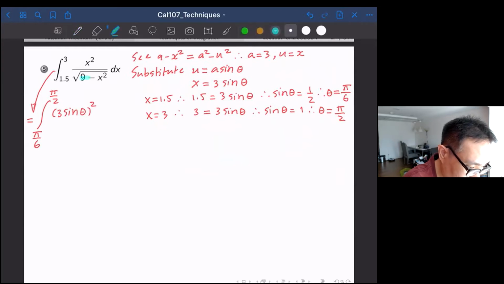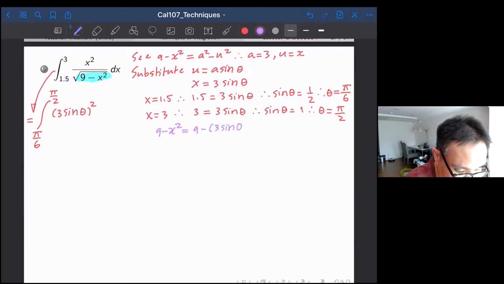Okay, now let me compute 9 minus x squared. So 9 minus x squared will be what? It's going to be 9 minus 3 sine theta squared. So it's going to be 9 minus 9 sine squared theta. Okay, so this one will be 9 times 1 minus sine squared theta.